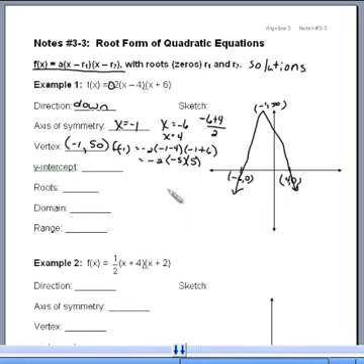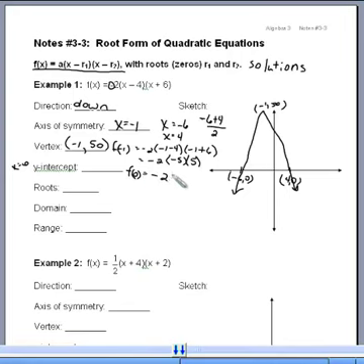and we can sketch our graph from there, our quadratic, which with this pen looks more like a V than a U, but okay. For the y-intercept, remember you make your x equal 0, where it crosses the y-axis. So we need to find f of 0.